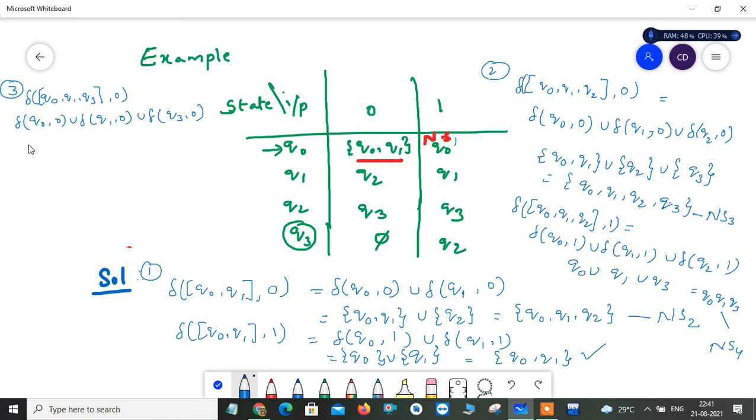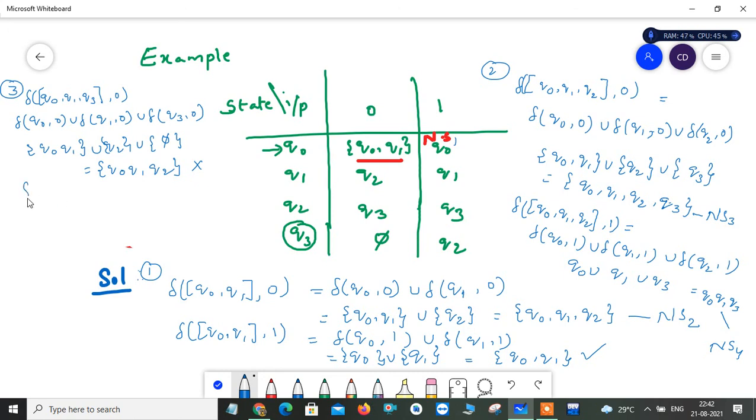So Q0 0 is nothing but Q0 Q1, union Q1 0 is Q2, union Q3 0 is phi. Right, Q3 0 is phi. So now it is Q0, Q1, Q2, which already exists. You already found the transitions with 0 and 1, so there is no need to find the transitions for this again.